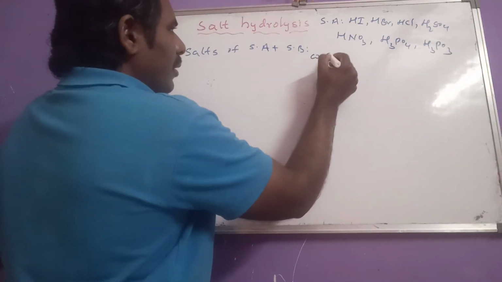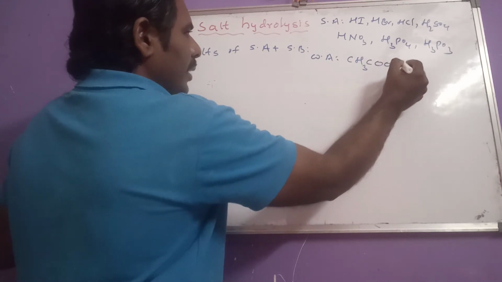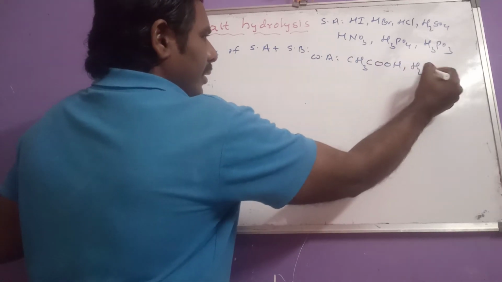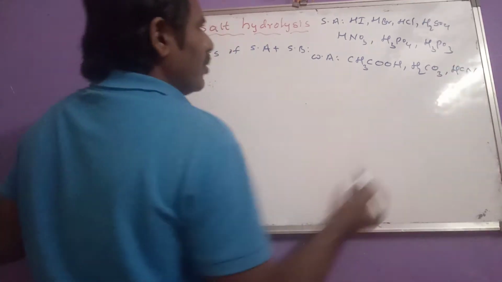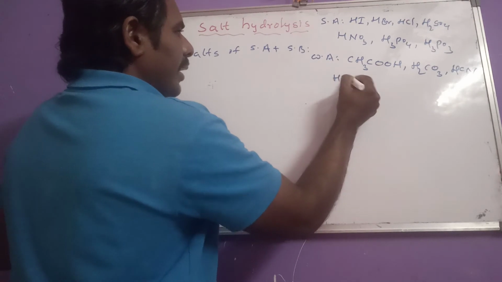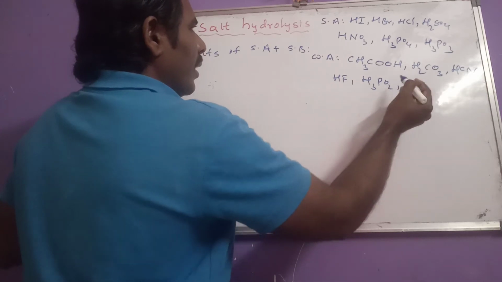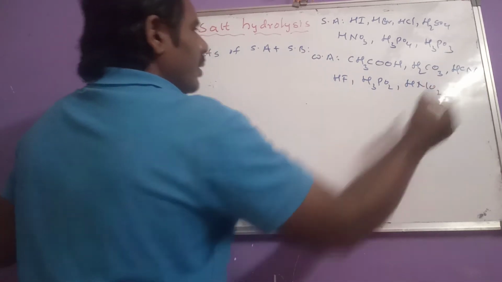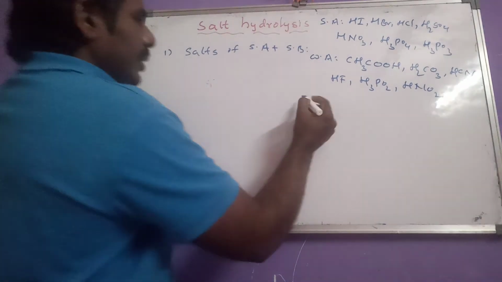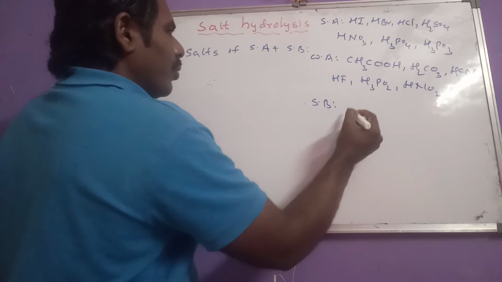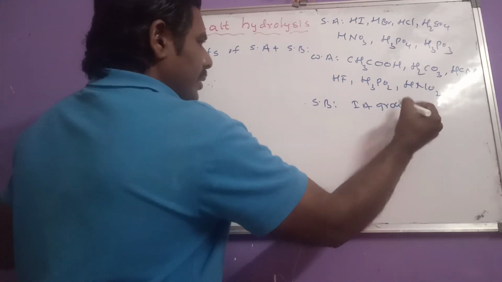And examples of weak acids, especially first we have to write acetic acid and then carbonic acid, HCN, hydrogen cyanide, HF, H3PO2 and HNO2. So these are considered as weak acids. And strong bases, easy to remember, first A group hydroxides.